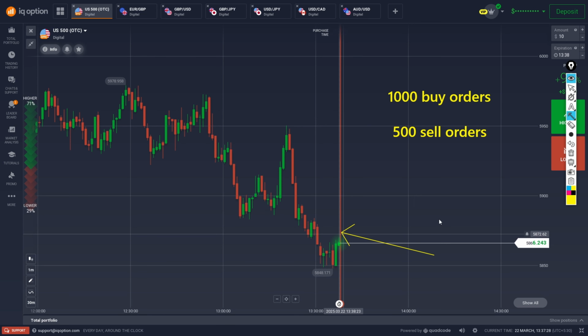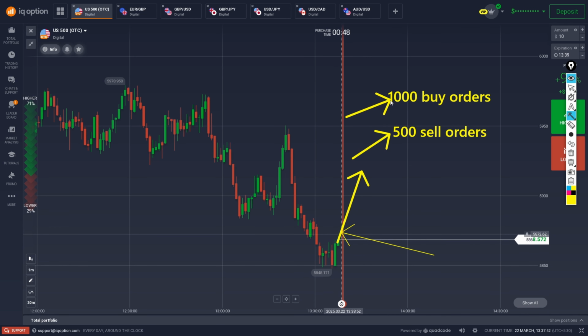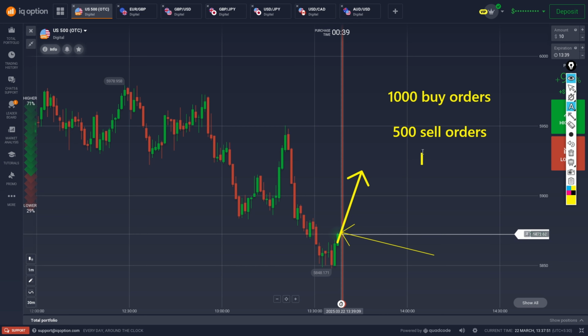What do you think will happen in this chart? According to me, the price will start moving in the upside direction. Why? Because these sell orders will get filled by these buy orders and we will still be left with unfilled orders, which are 500 in number.